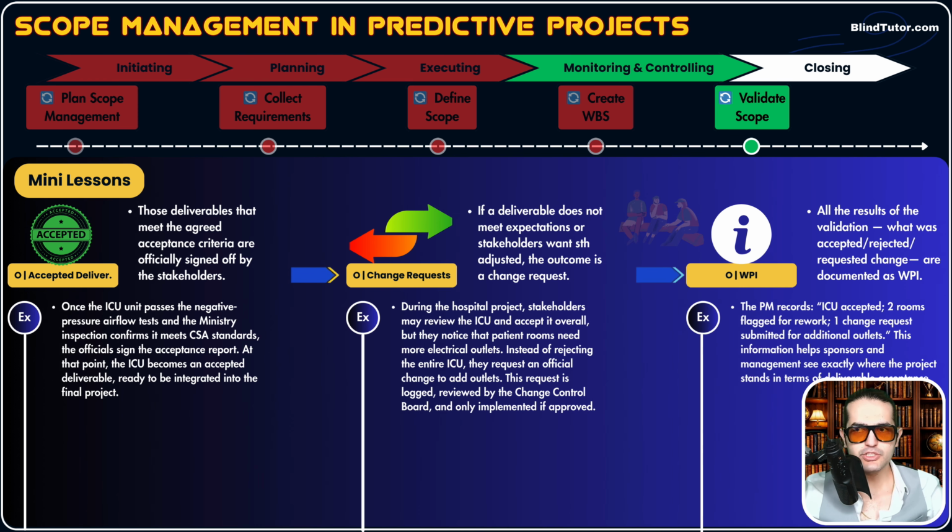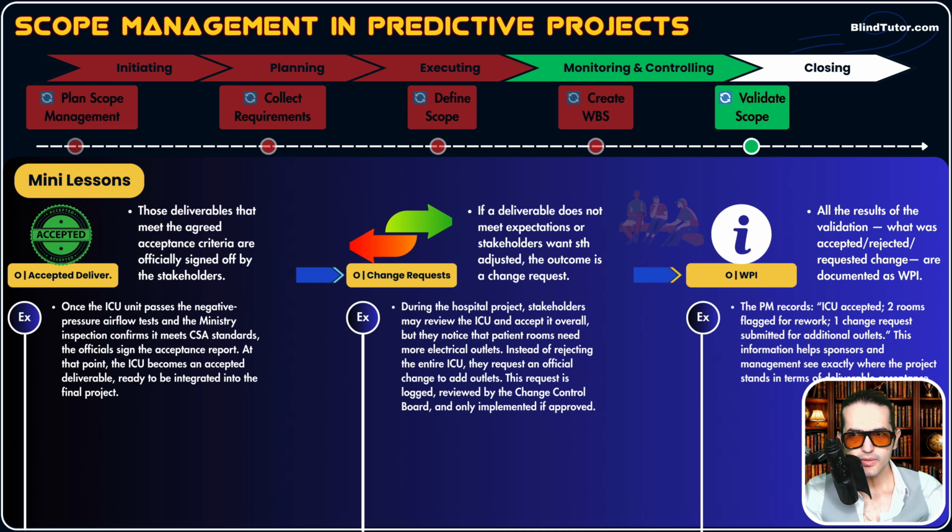For example, the project manager records ICU accepted, then 2 rooms flagged for rework, 2 rooms are rejected, and then 1 change request submitted for additional outlets. So as a result of doing the validate scope process, this information was documented in WPI.